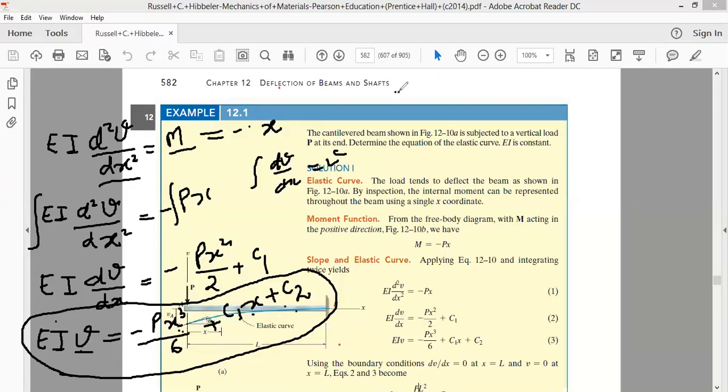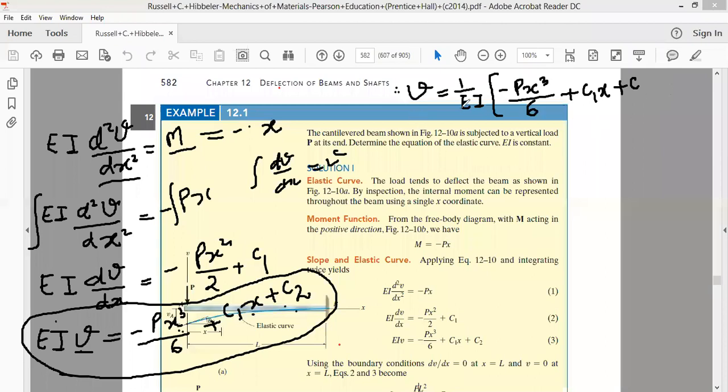So we call this the equation of the deflection curve: nu is equal to 1 by EI times minus Px cube by 6 plus C1x plus C2. This is the equation of our deflection curve.